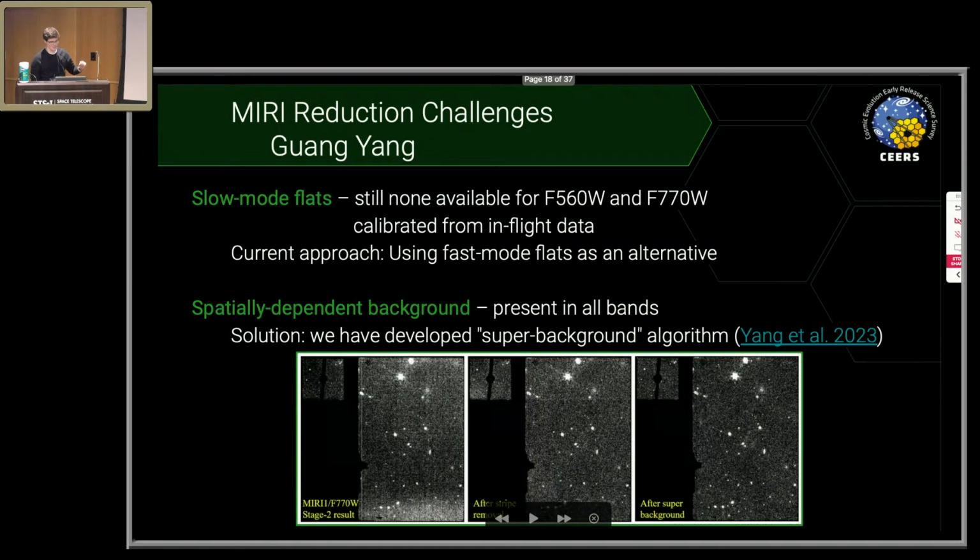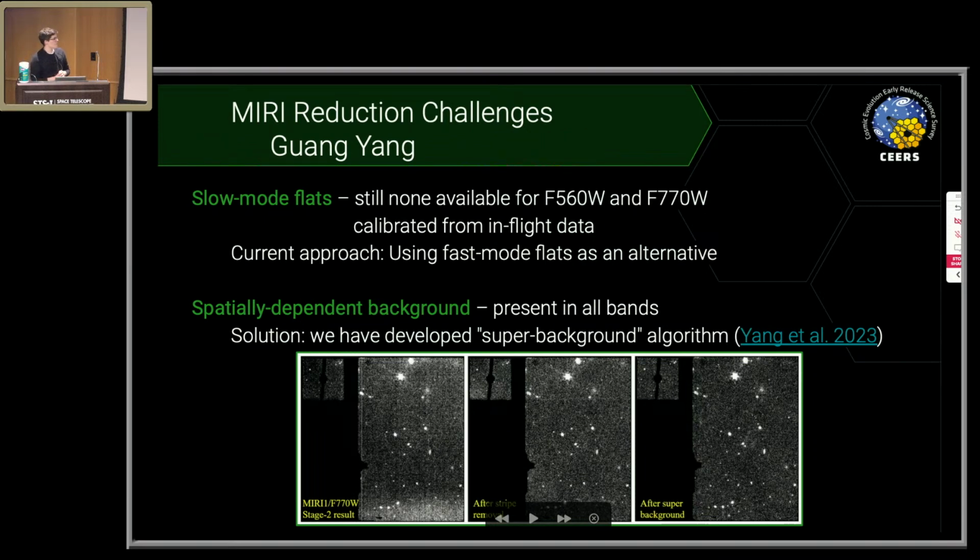I mentioned that we still don't have flats for the slow readout for the two bluer channels, so currently we're just using the fast readout flats. It's okay, it's obviously not ideal, and so hopefully when the team is ready to share those flats, we'll have an improved reduction in that sense.